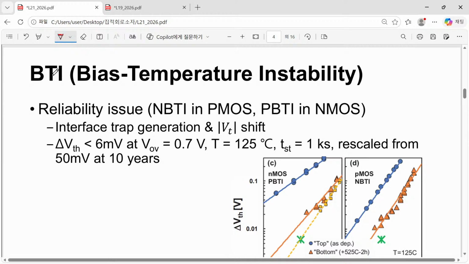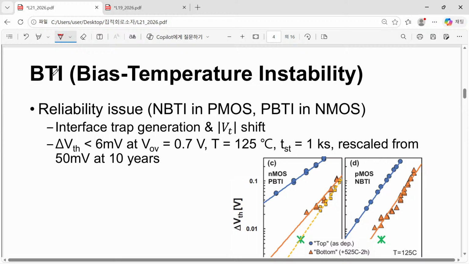But what happens if, after you sell your chip, just several months later your customers start to complain? Something happens. My chip worked perfectly, but after some months, it is gone. So, malfunction. Then what will happen? There will be a lawsuit between your company and customers.